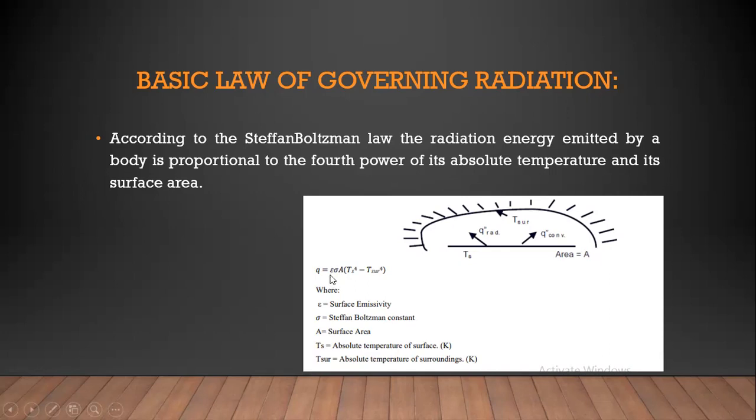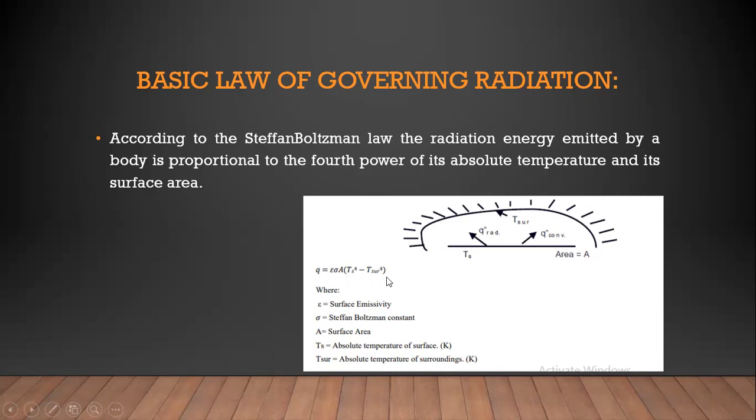So the amount of heat which is radiated out of the surface can be defined by epsilon, where sigma is the Stefan-Boltzmann constant, A is the given surface area, T_s is the absolute surface temperature, and T_sur is the surrounding environment temperature. So this is given as the fourth power of absolute temperature and the surface area.